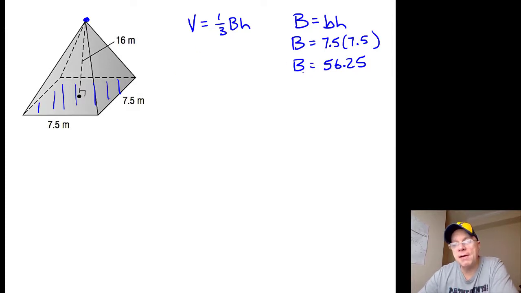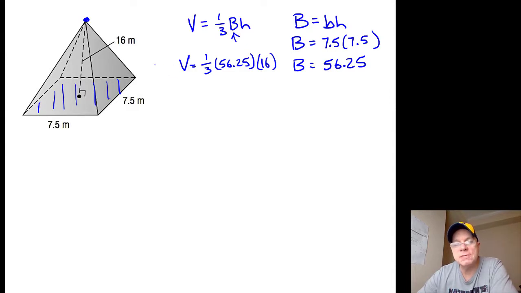And then now that I have big B, I can substitute into this formula. So volume equals 1/3 multiplied by 56.25 multiplied by the height of the pyramid, which is 16 meters. Now 16 is not a multiple of 3, so I can't really associate to my advantage.